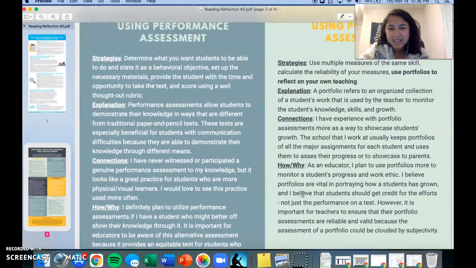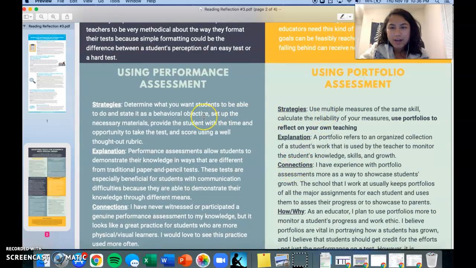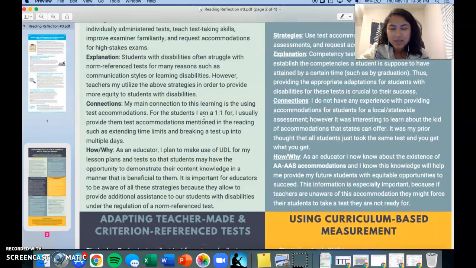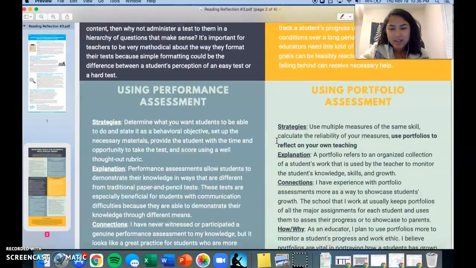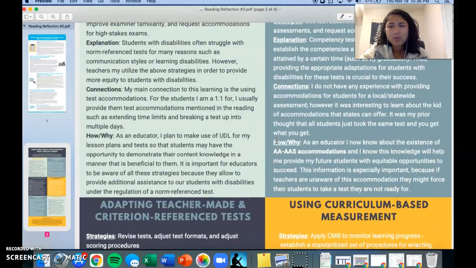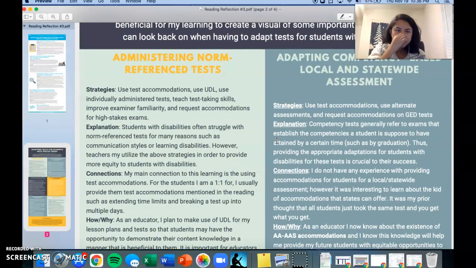I was insistent on having an explanation, connection, and a how/why for every strategy that I included. I'm not sure if I needed to do that, but I wanted to cover all my bases, and now I have this very chock-full infographic. We'll go through it very briefly.